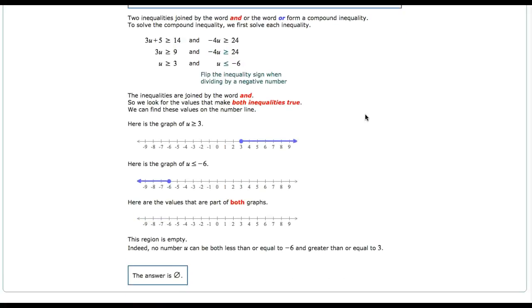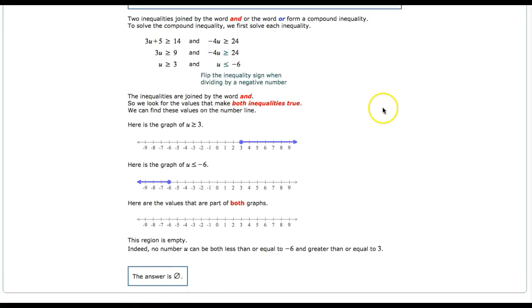They don't have you do the union. Well, what would the union be? The union would be negative infinity, comma, -6, then you would have a bracket on the -6, and then the union symbol, and then a bracket on 3, comma, positive infinity. And both of the infinities would have parentheses on them.